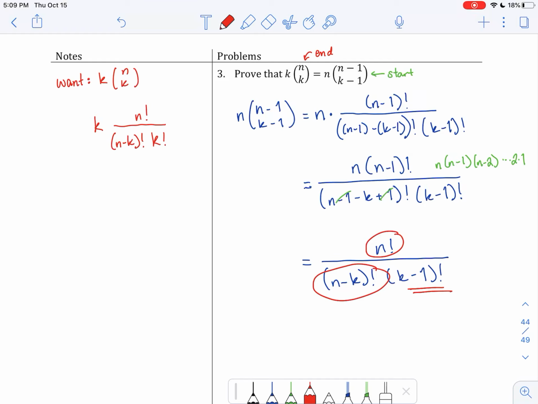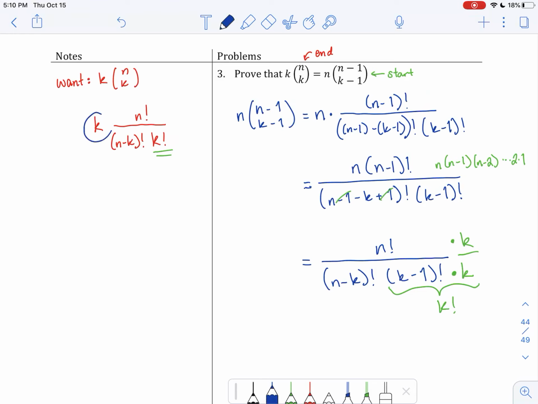So I'm going to use the same skill that I just went over, and I know that k minus 1, in order to make it k factorial, I would multiply by k. This is now going to equal k factorial, which is what I want right here. However, if I multiply one side of a fraction by k, I also have to multiply the other side of the fraction by k.